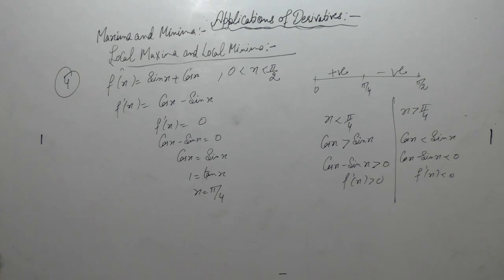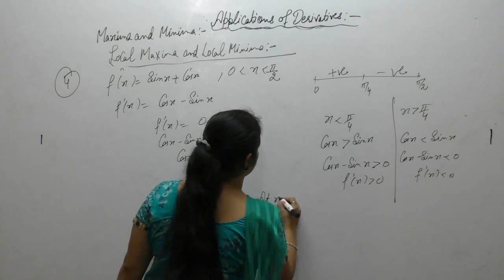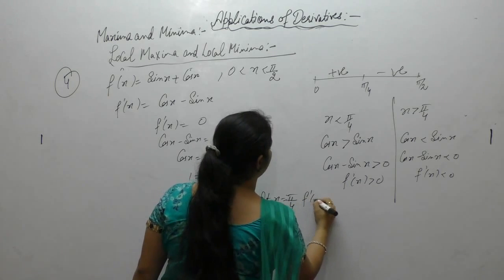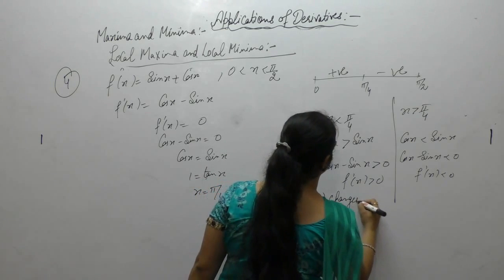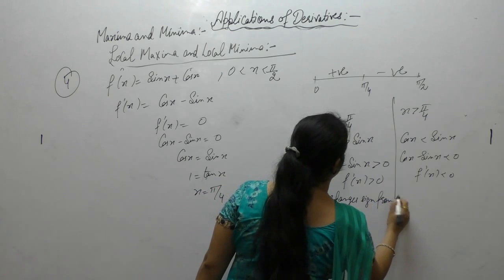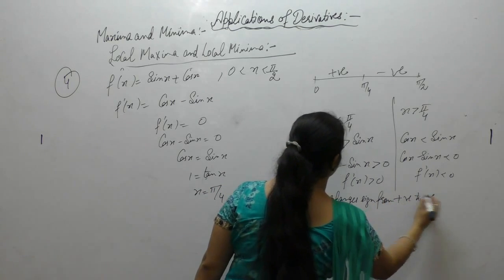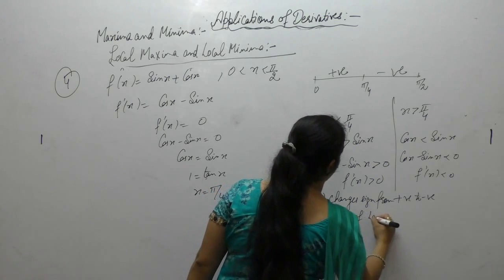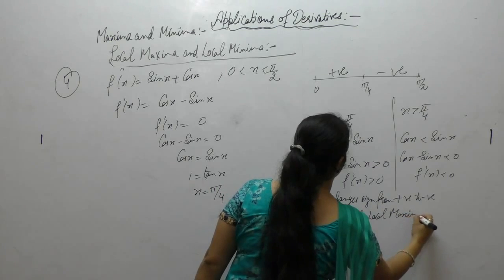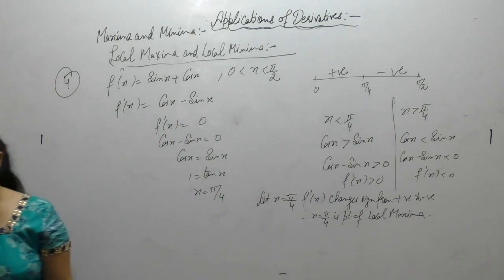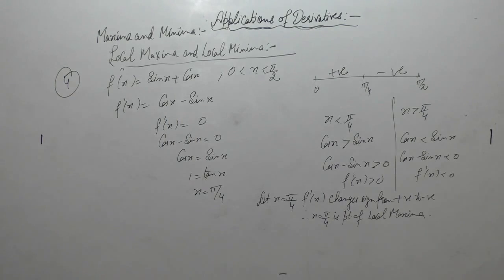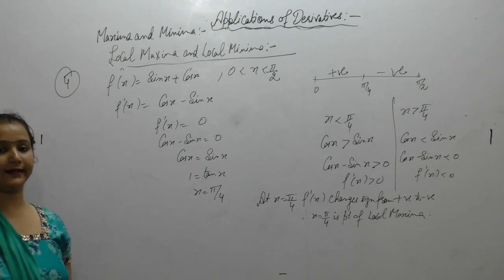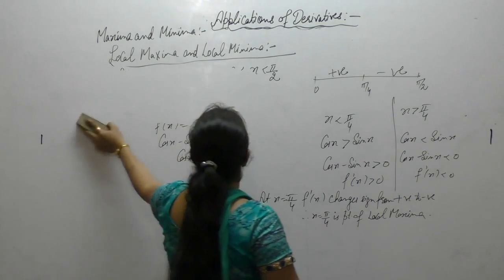At x equals pi by 4, f dash x changes sign from positive to negative. Therefore, x equals pi by 4 is a point of local maxima. Clear? Now the next one.